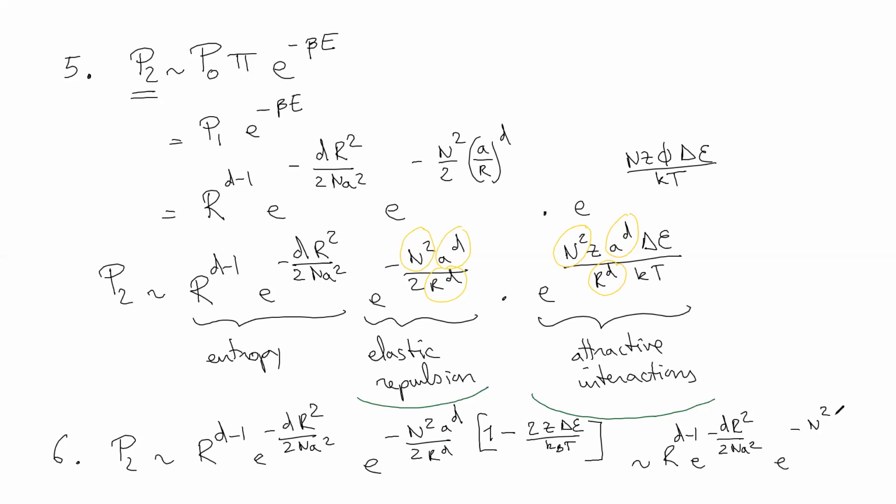And I will change the name of that guy and call it V without too much surprise. I will define V in a minute, but I can just group all that stuff into a kind of renormalized volume, which is not AD anymore. And I end up with V, which is equal to A to the power D, 1 minus 2 something.